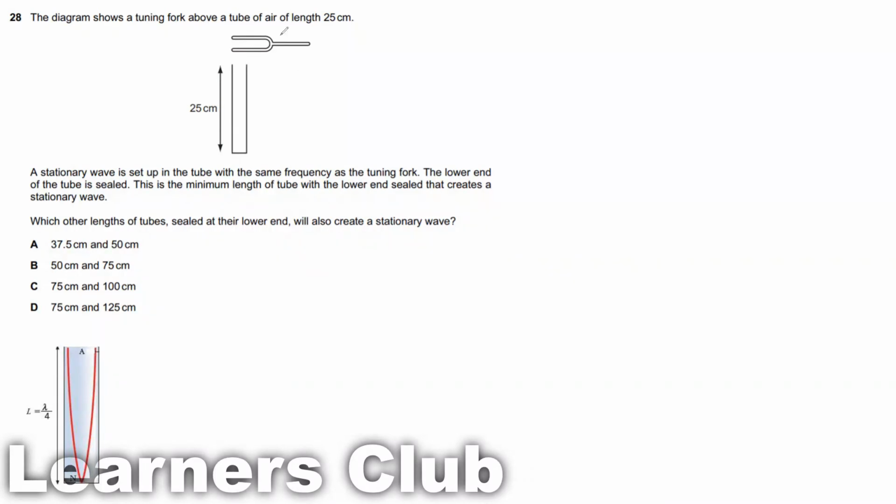Remember one thing, when a stationary wave is formed in a closed tube, the place where it is sealed, you will get a node. And wherever it's open, you will get an antinode. And they have mentioned this is the minimum length of the tube that produces this stationary wave.